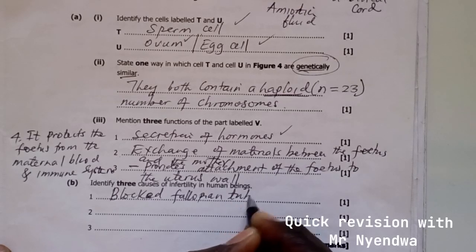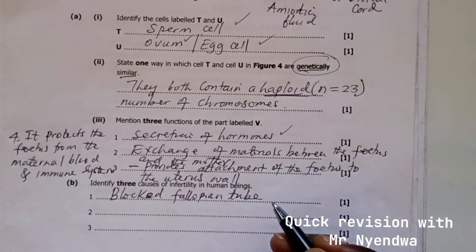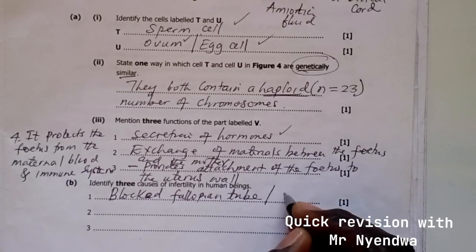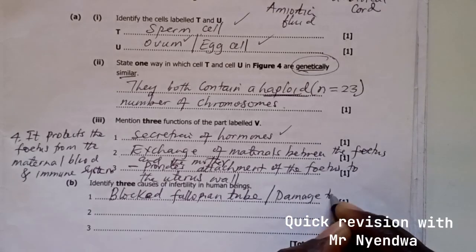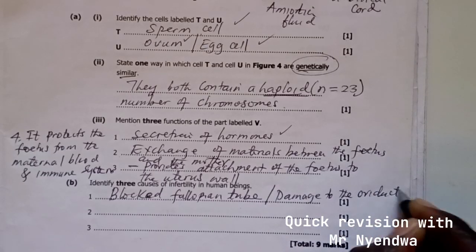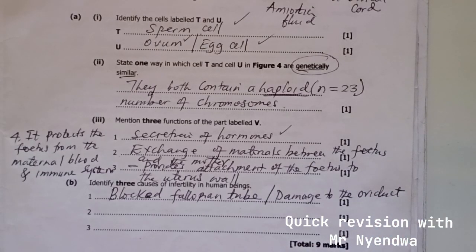If the fallopian tubes are blocked, then that may lead to infertility. It may not be blockage, but it may be damage to the fallopian tube or the oviduct. So that may result in that.